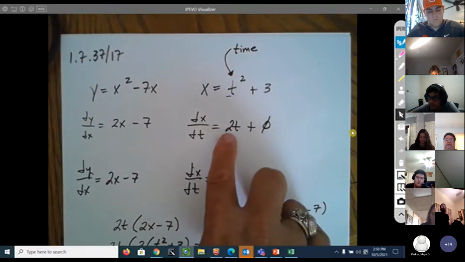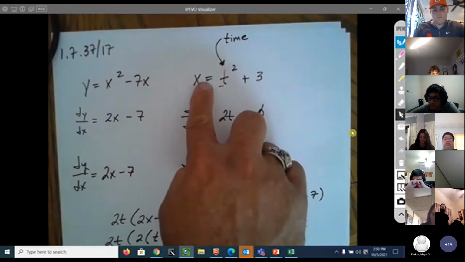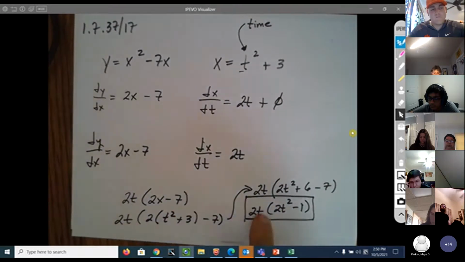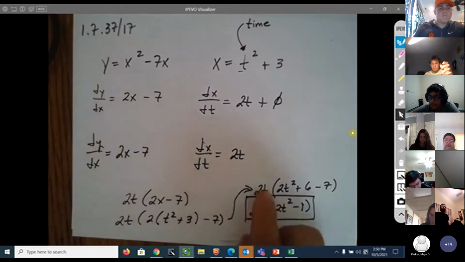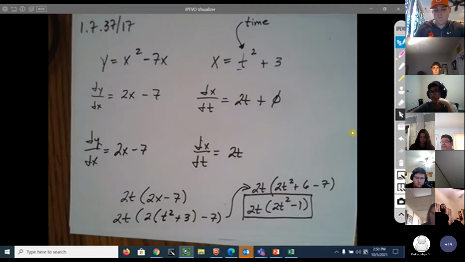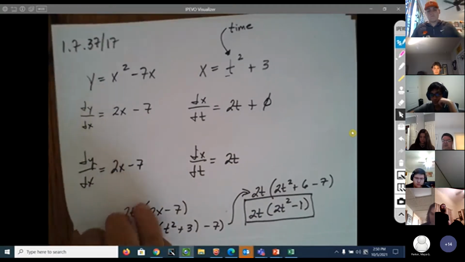I'd have to solve this for t, and that'd be the square root of x minus 3. So I could plug the square root of x minus 3 right here and get a similar equation in terms of x. But they didn't want x, they wanted dt. So there you go. Like I said, it's not a good test question.